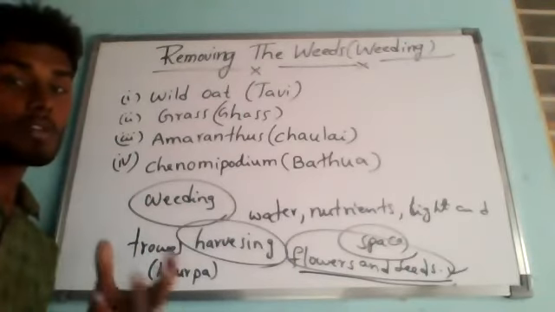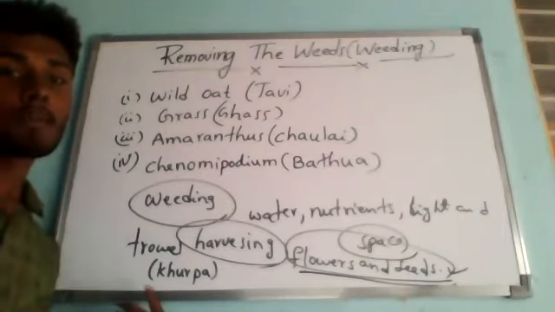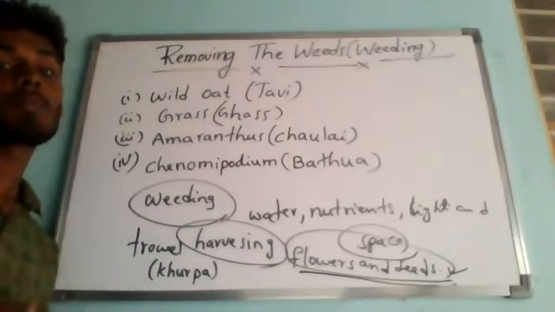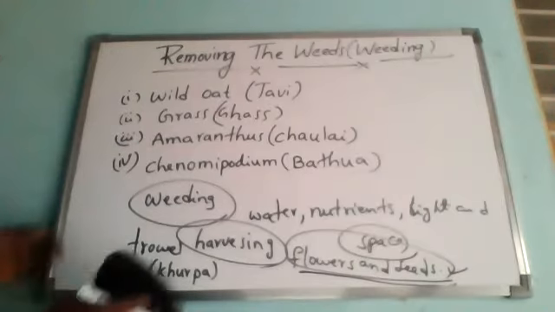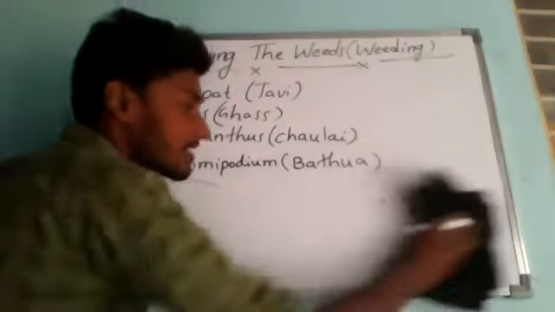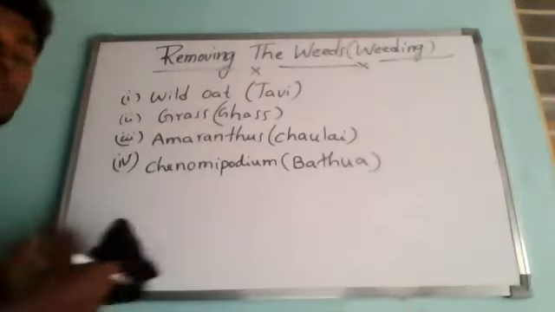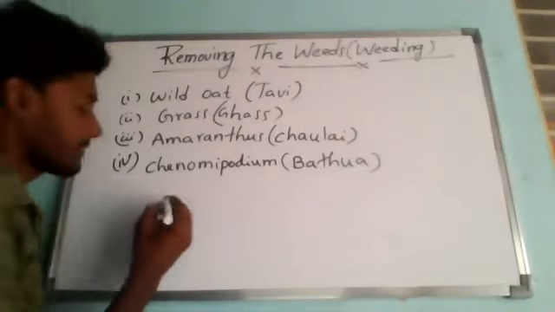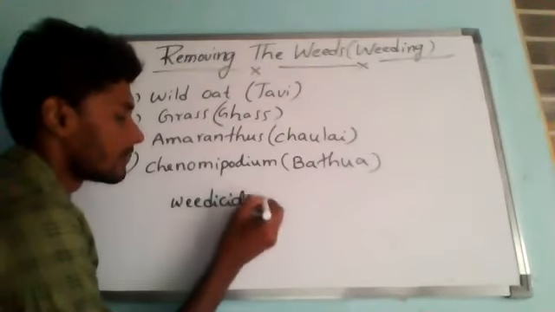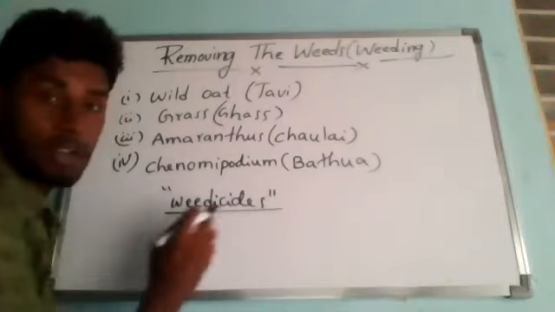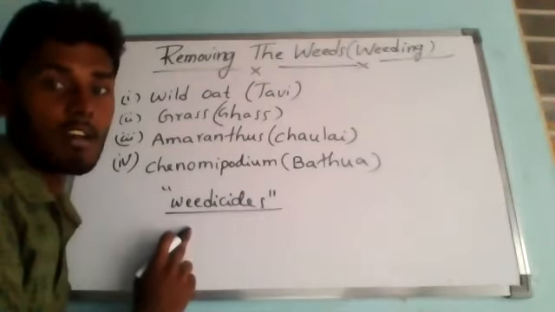So either we can remove them with implements, or else we can spray special chemicals called weedicides. We should not call them fertilizers or pesticides. We call them weedicides in the crop fields.